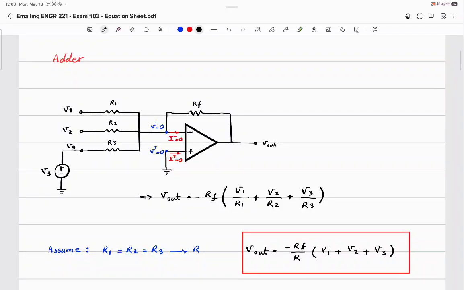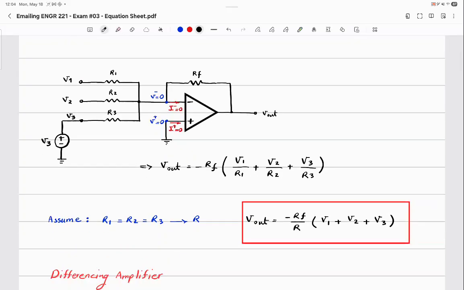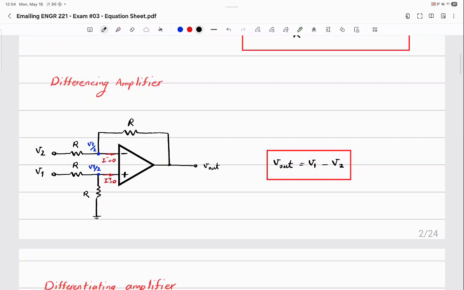If more than two signals are given to the negative terminal, they'll be combined. The positive terminal is grounded. You have a feedback resistor, RF. This is how you can get close to memorizing them. This is the differencing amplifier. One signal is given to the positive terminal, one is given to the negative terminal, and the output provides the difference of them, okay?